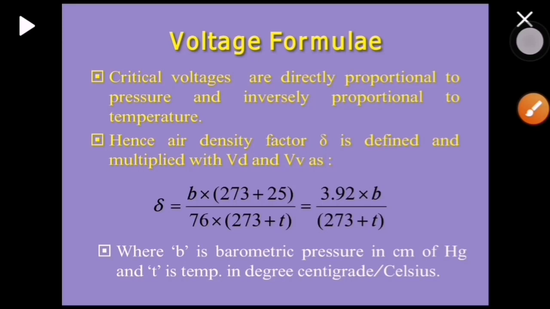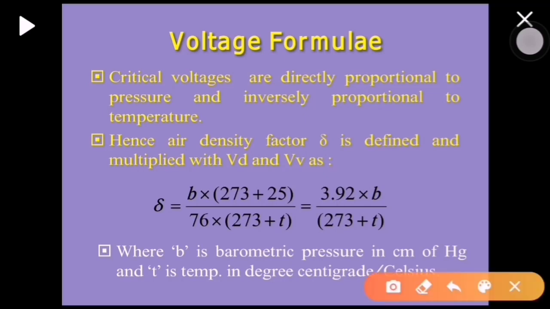Now both critical voltages we defined in the previous slides are dependent on the temperature and pressure of the air, and that's why we introduced one factor delta in both of the expressions. Critical voltages are directly proportional to pressure of the air and inversely proportional to temperature of the air.